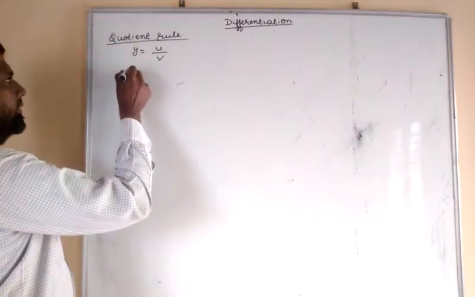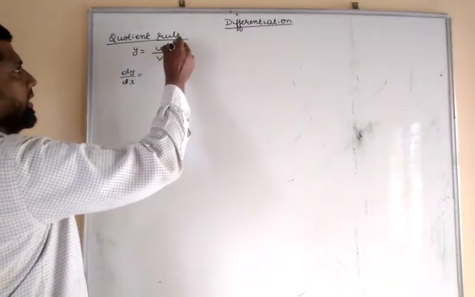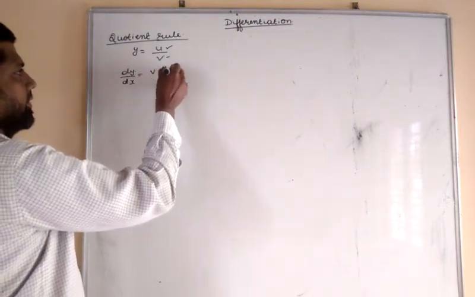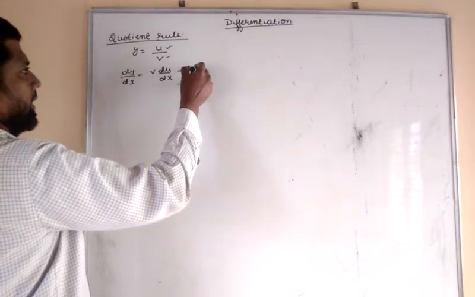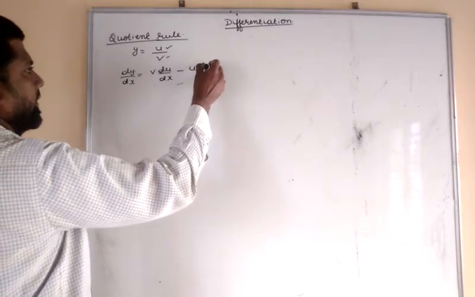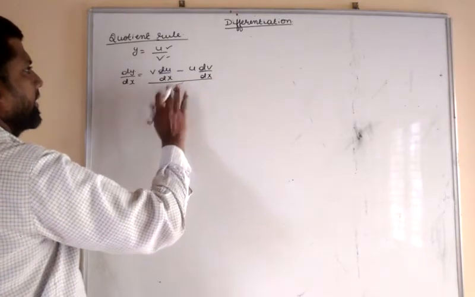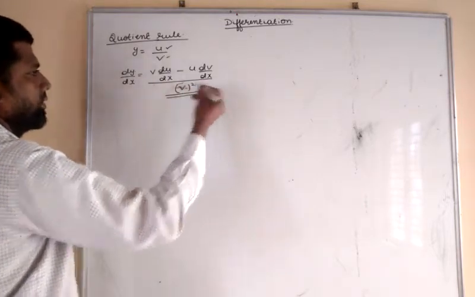Let us write the formula first. Differentiation of y with respect to x: this is numerator and this is denominator. Denominator into differentiation of numerator minus numerator into differentiation of denominator, by denominator whole square. This is the formula for the quotient rule.